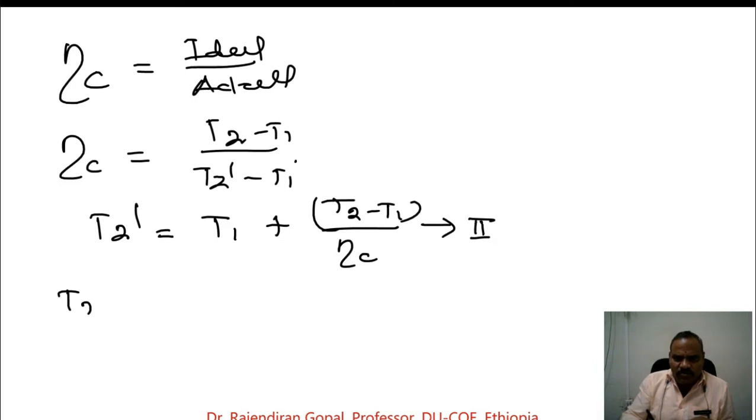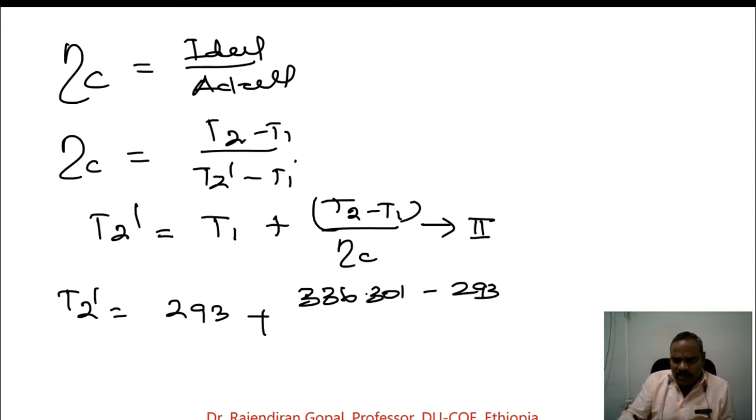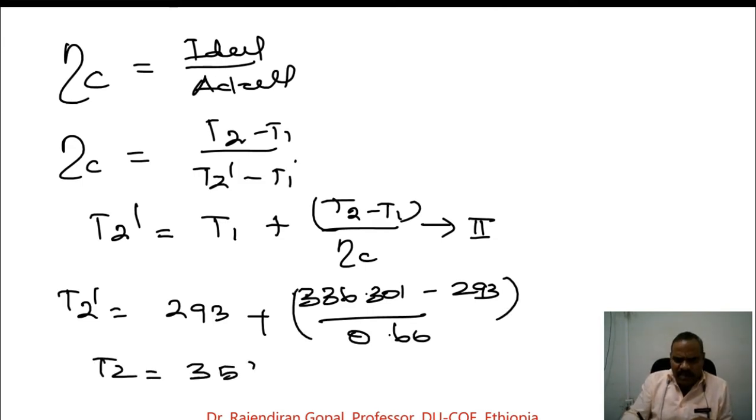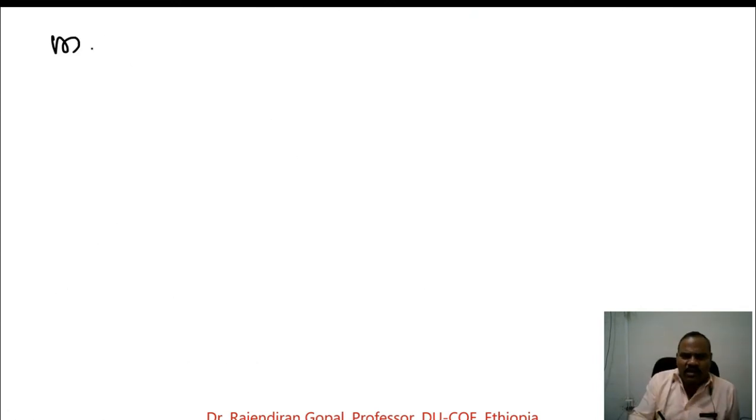Now this T2 dash is equal to T1, 293, plus 336.301 minus 293 over 0.66. We get T2 dash is equal to 358.60 Kelvin.